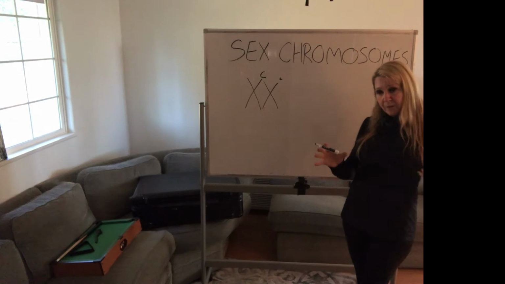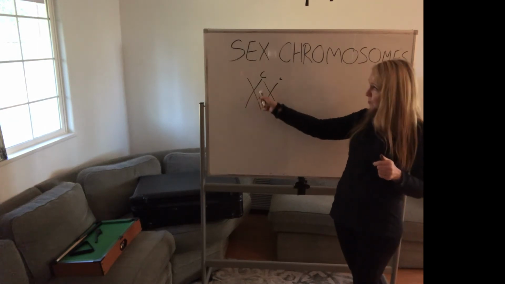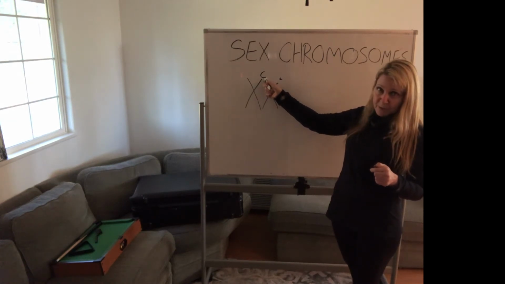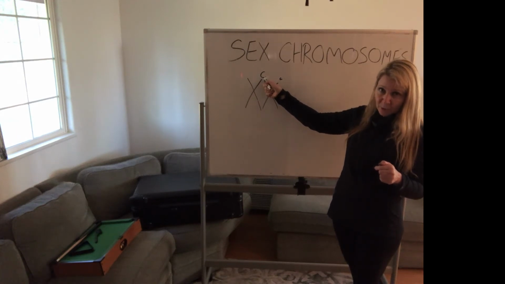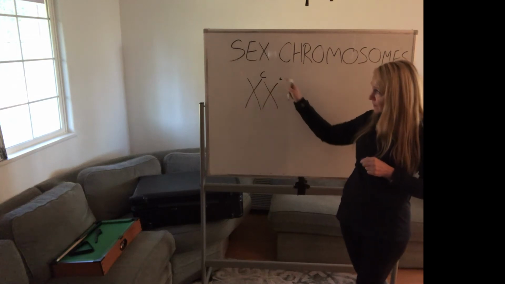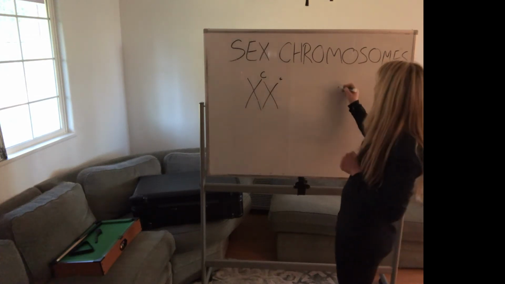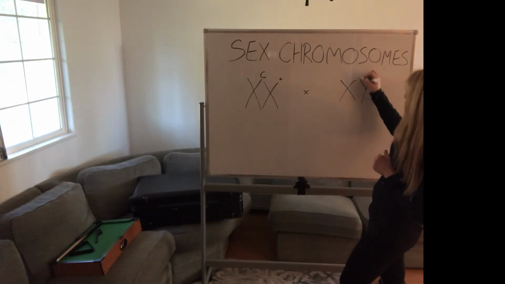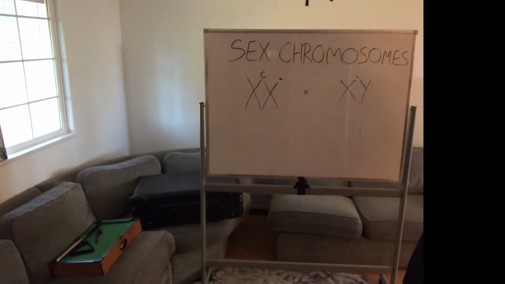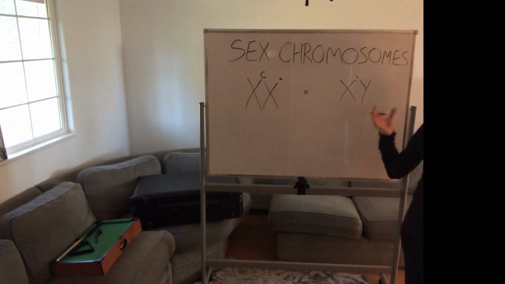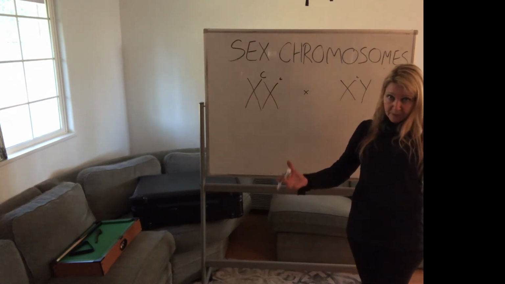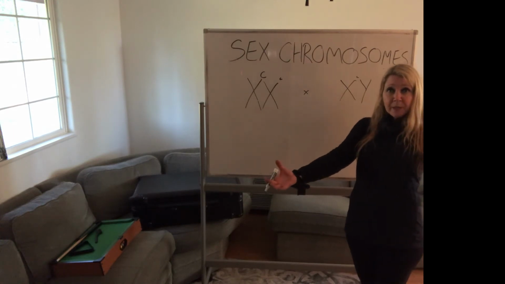Now this is different than what we've done with the monohybrid cross because we're using the letters for the genes as exponents above the chromosome because these are sex linked. So this is on the sex chromosomes. So this is a heterozygote, a female. And we're going to cross that female with a male who has a little c, the male's colorblind. So we want to figure out if these two individuals get married, have kids, what's the probability their child's going to be colorblind? Okay, so that's our question. We want to figure out what's the chance they're going to have a colorblind kid.